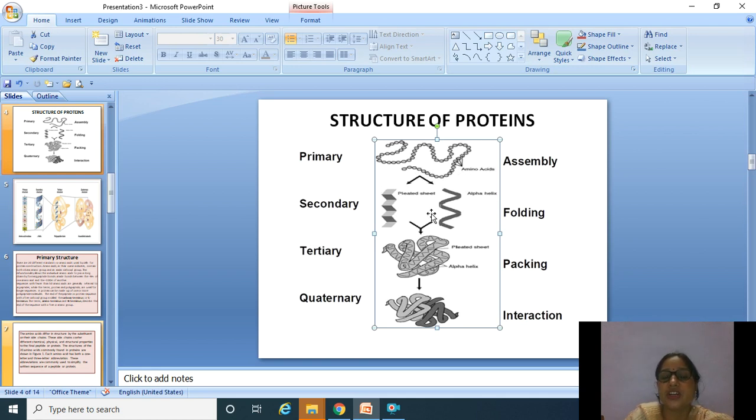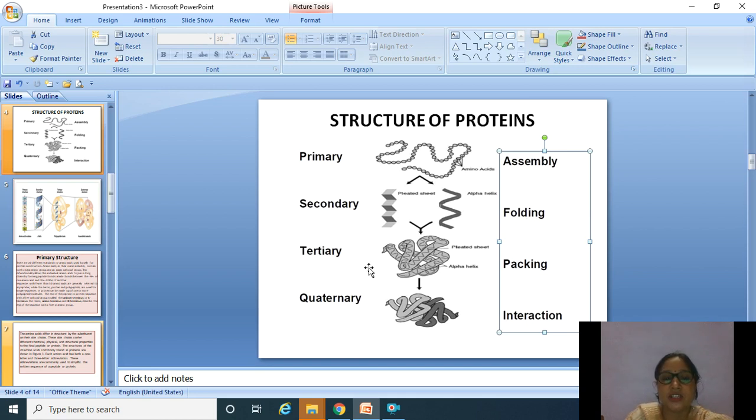This secondary structure is of two types, alpha helix and beta pleated sheet. Alpha helix is the helical form and the beta pleated sheet is like the sheet form. These are the result of hydrogen bonding interactions. So these are the result of the folding of the polypeptide chain.